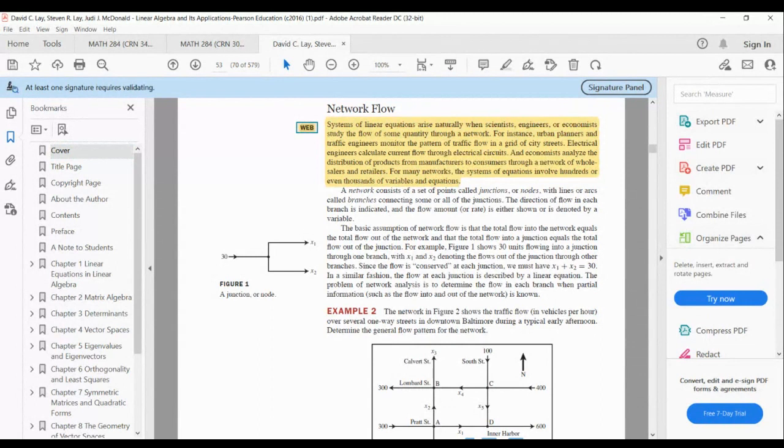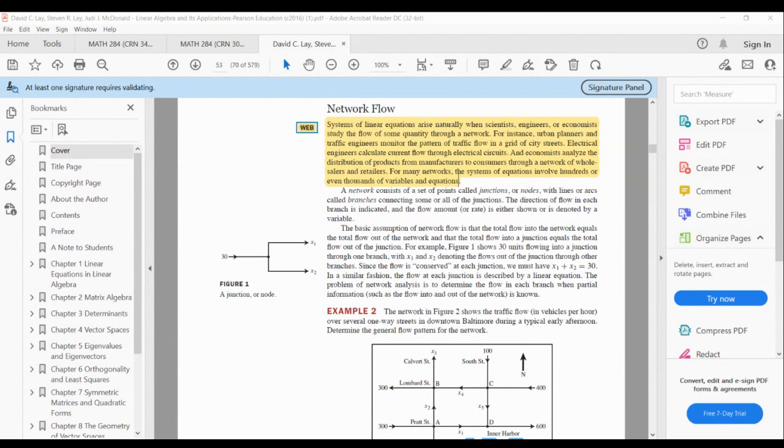They mention here that systems of equations arise naturally when we study the flow of some quantity through a network. For instance, urban planners and traffic engineers model the patterns of traffic flow in a grid of city streets. Electrical engineers can calculate current flow through electrical currents. And economists, and then we just saw the economical application.